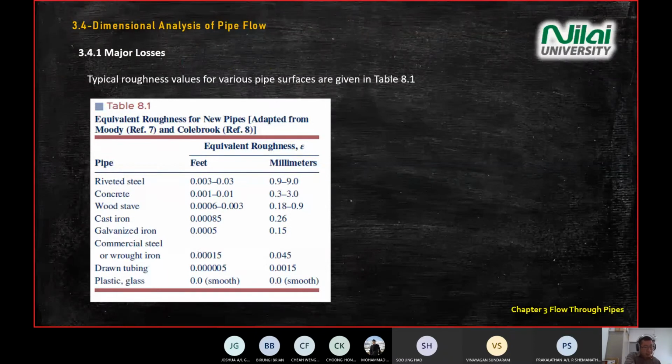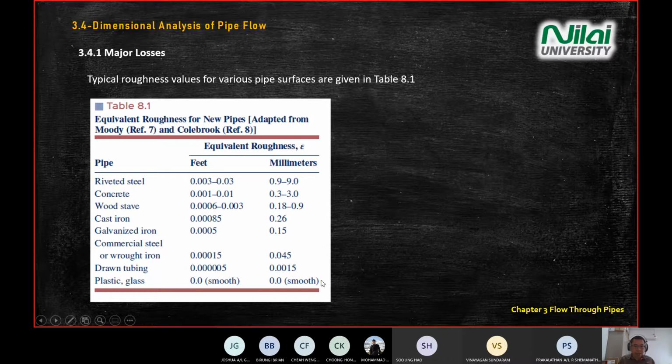Okay, just look at your tutorial sheet, the diagram above question 32. You will see this Table 8.1, right? It gives you some information about the surface roughness inside the pipe. Different materials will give you different roughness values.